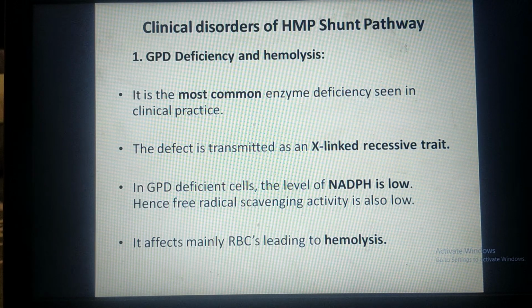As NADPH is required for removal of free radicals and the availability of NADPH is low, the free radicals are not readily removed from the cells, and these free radicals will damage various cells. The most vulnerable cells which can be easily damaged by free radicals are RBCs. So the patient with G6PD deficiency generally presents with hemolysis.